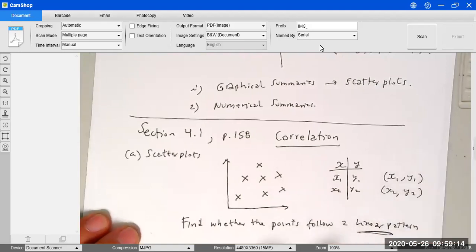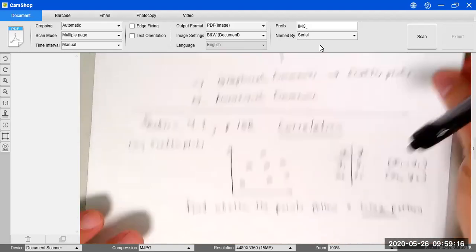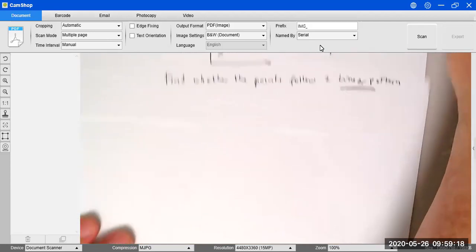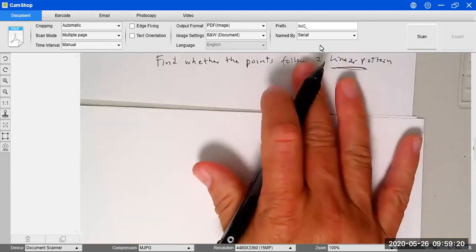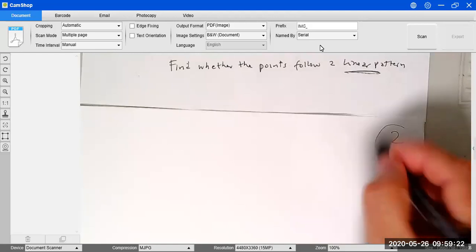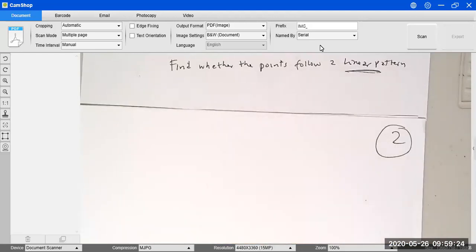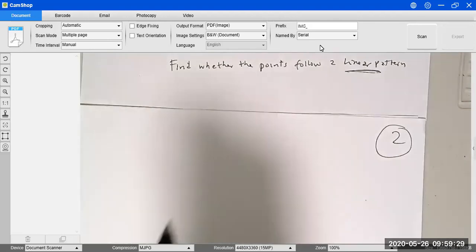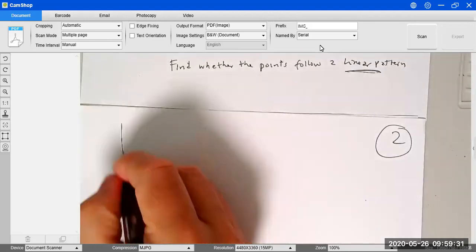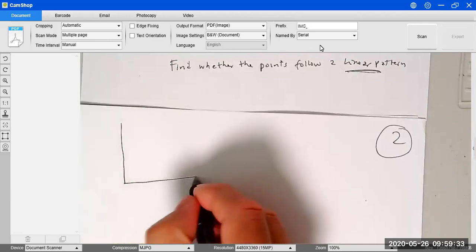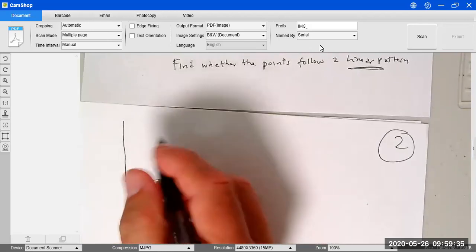So this is the important part. We want to know whether these points follow a linear pattern. So let's see the kinds of plots that we might find. And we don't expect to get perfect straight lines, but something that is close to.